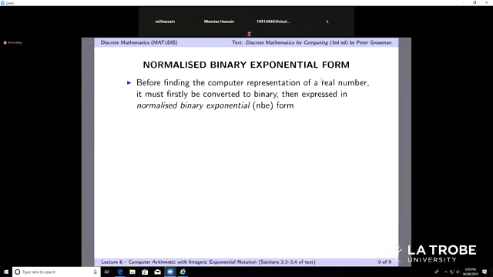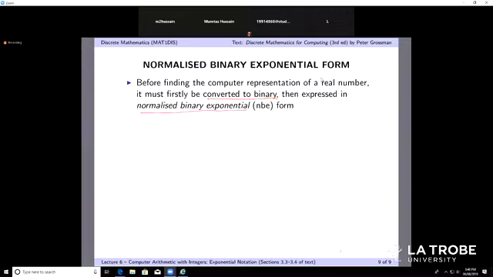Before finding the computer representation of a real number, it must first be converted to binary, then expressed in normalized binary exponential form. So first step, convert a number into binary, whatever number you're given. Then express that number in normalized binary exponential form.